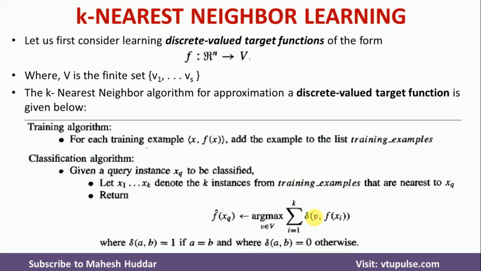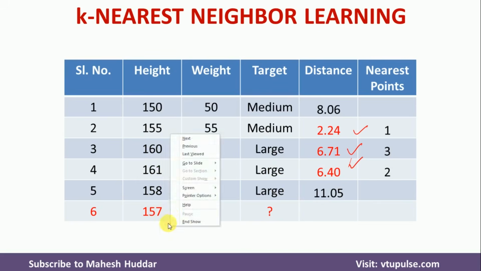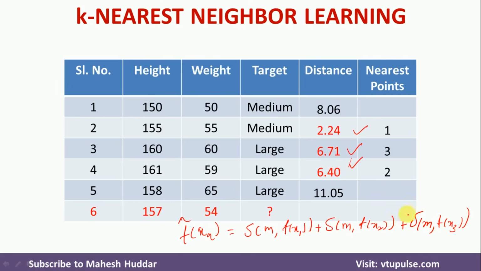It can be written like this: f cap of xq is equivalent to delta of medium comma f of x1, plus delta of medium comma f of x2, plus delta of medium comma f of x3. Here x1, x2, x3 are the nearest points.